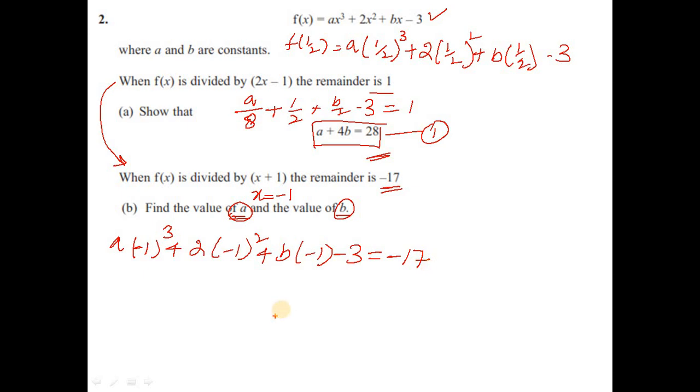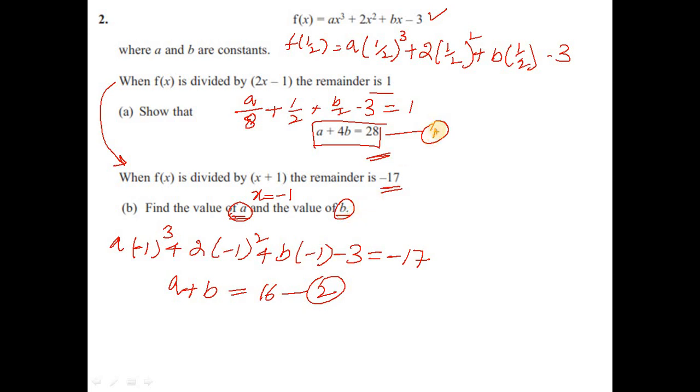Again, you simplify this equation, and if you do that, you have the equation a plus b is equal to 16. This is your second equation, because you need to find the values of a and b.